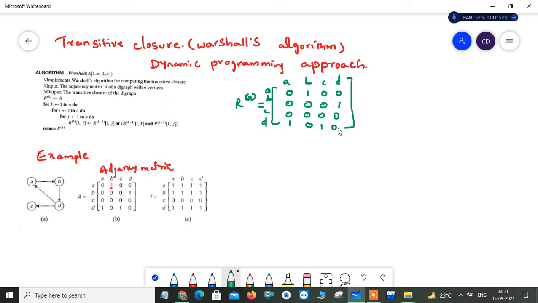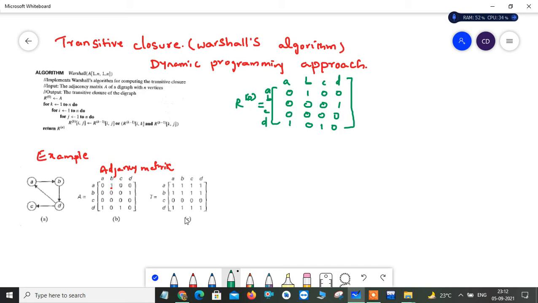Now what we are trying to find is whether any path exists between two nodes, right? For that we are using Warshall's algorithm. The first one, R of 0, must reflect the existence of paths with no intermediate vertices. That is, R of 0 is just the adjacency matrix.